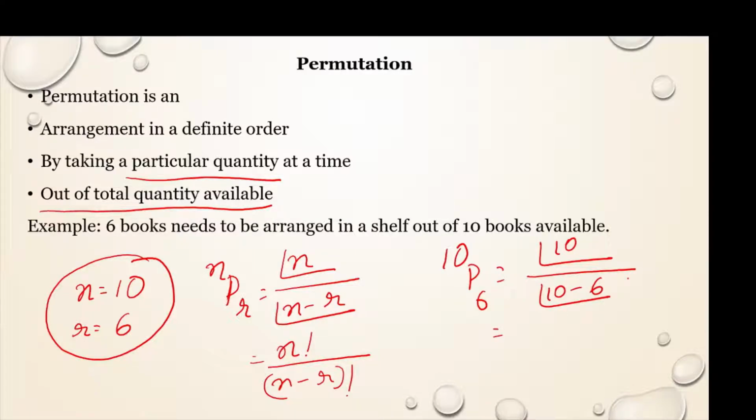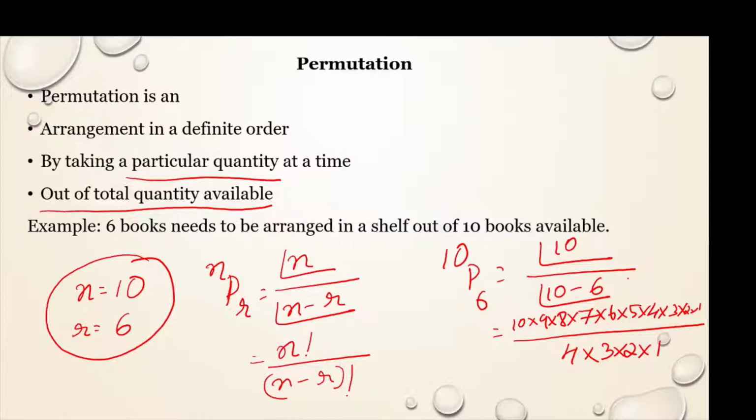Factorial 10 is 10 into 9 into 8 into 7 into 6 into 5 into 4 into 3 into 2 into 1, divided by factorial 4, since 10 minus 6 is 4, that is 4 into 3 into 2 into 1.